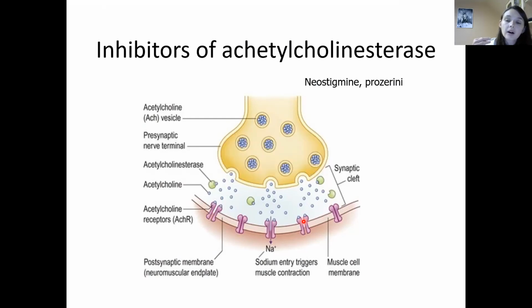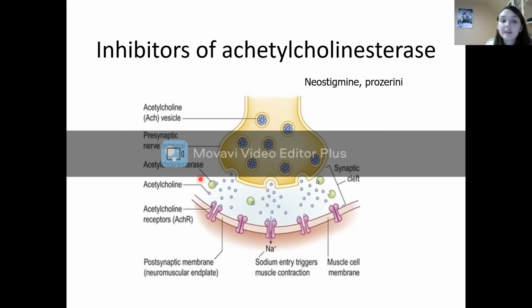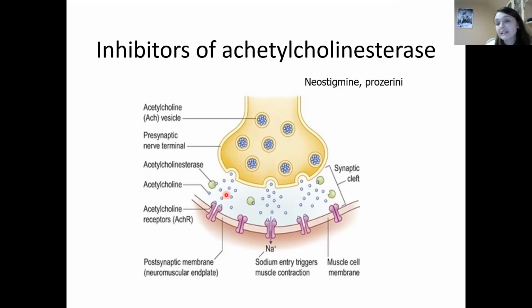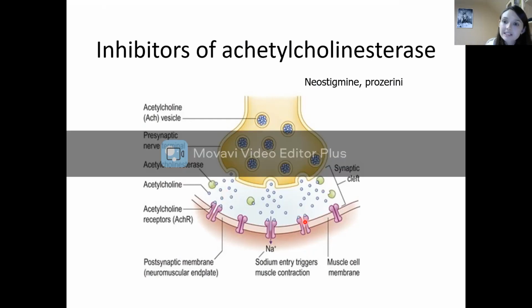So, in case of myasthenia gravis, drugs are used which inhibit acetylcholinesterase. As a result, acetylcholinesterase will not inactivate acetylcholine, and acetylcholine, to some extent in a permanent way, is going to affect the nicotinic receptors and stimulate the postsynaptic membrane, stimulate the muscles for better contraction.